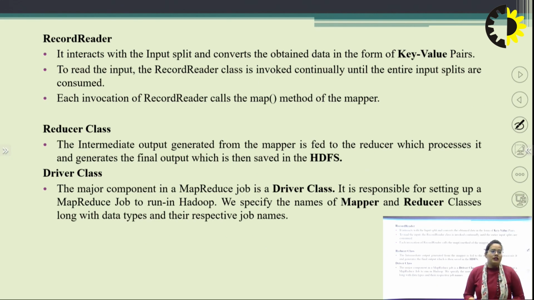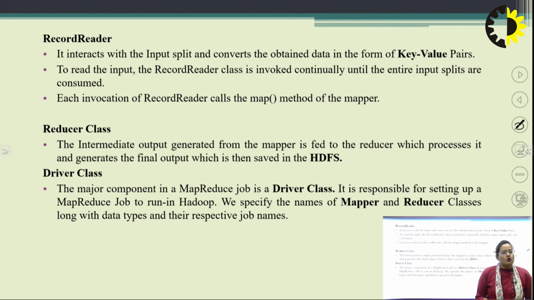Next one is record reader. As we know, the input split defines the unit of work in a MapReduce program, but the input split does not describe the way to access the unit of work. Here, the record reader processes each input record and generates the respective key value pair.